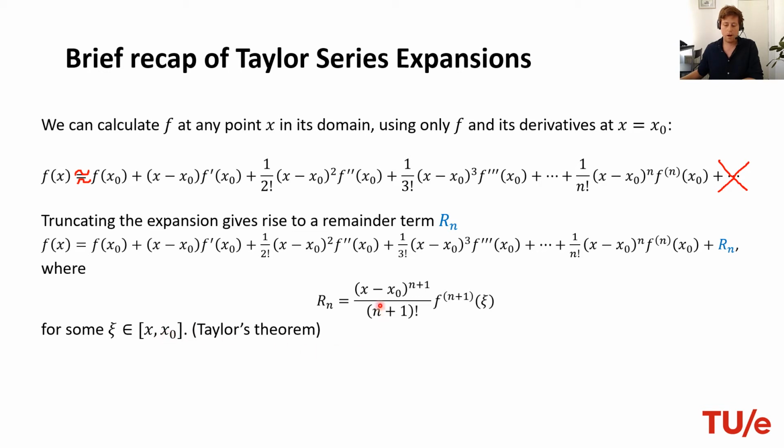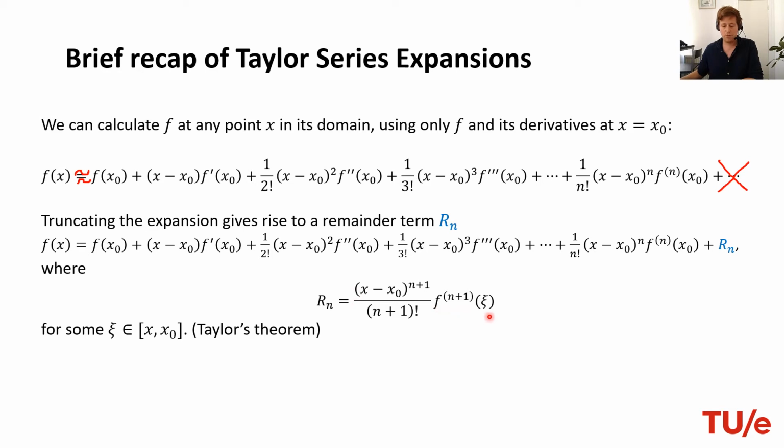And you can already see that if x is relatively close to x0, this term on top will be relatively small. Moreover, if n is quite large, n+1 factorial will be very, very large. So this entire term will become very, very small.